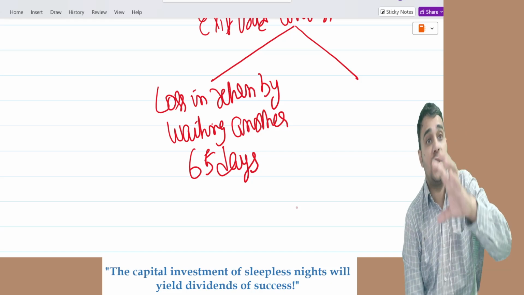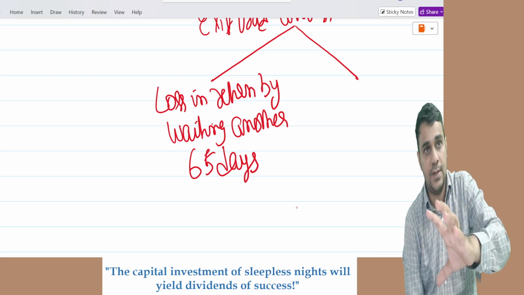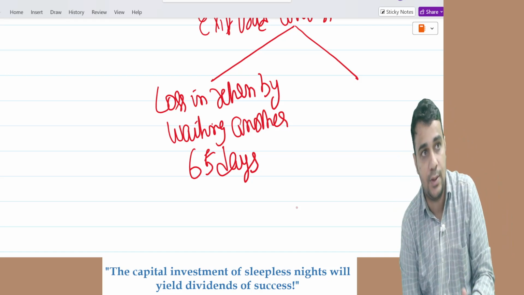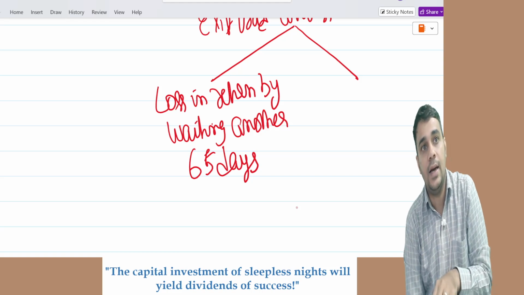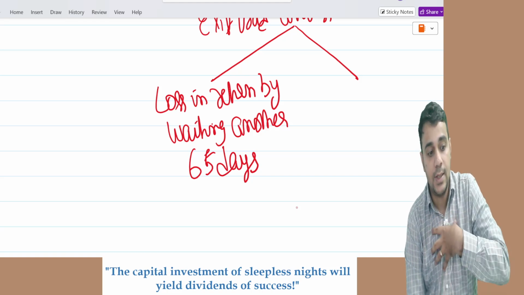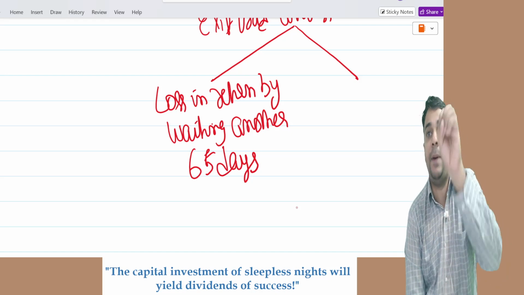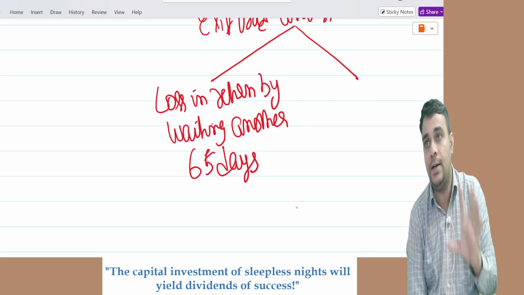If this loss is less than 5%, it is okay to incur that loss and not okay to incur the exit load. What I am saying is, I am okay with a lower return because otherwise you will unnecessarily put a penalty of 5%. I don't want to pay that penalty of 5%.